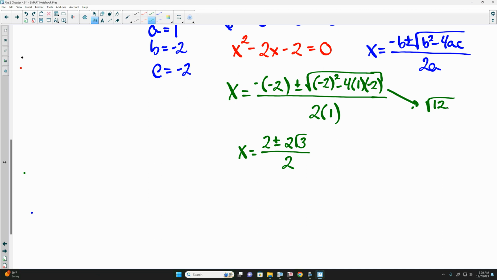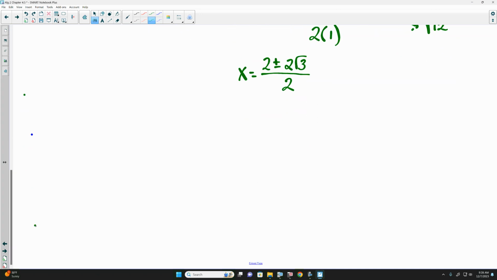I will say this is reducible. Look at the top 2 numbers. We're going to divide everything by 2. I'm going to do an in-between step, so this makes somewhat more sense. Really what we're doing is we're splitting the fraction. Like if you combine fractions, we add the numerators, denominator stays the same.